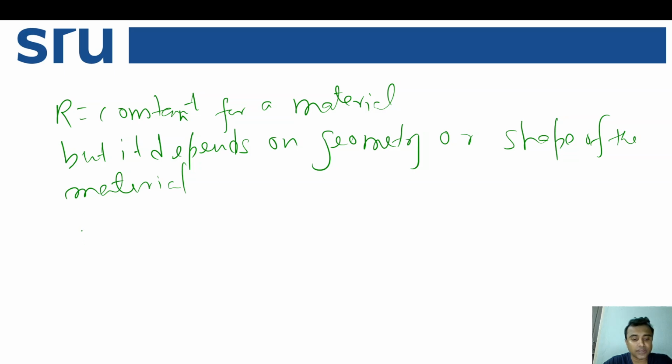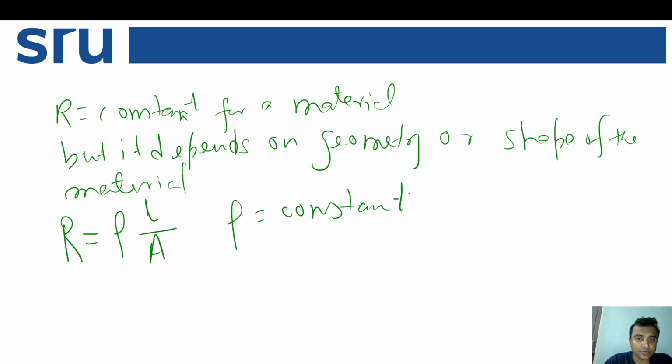So what actually R has a form. This R is actually dependent upon some constant rho times L over A, where rho is a constant. We will discuss what rho is.